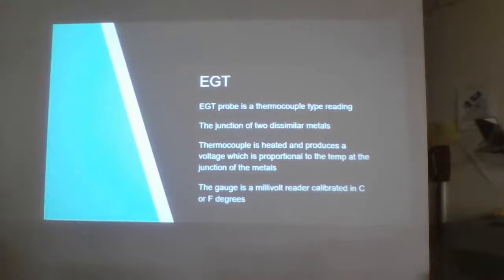I think it takes a while for the chat to catch up. But we talked about those and how it operates. The thermocouple is heated and produces a voltage which is proportional to the temperature at the junction of the metals. So that's how that signal is sent. Yes, chromel, alumel.